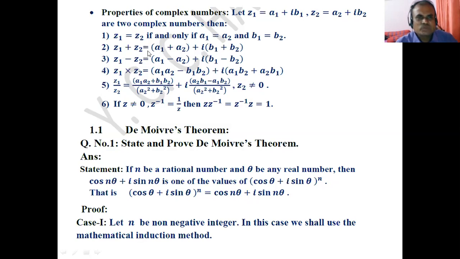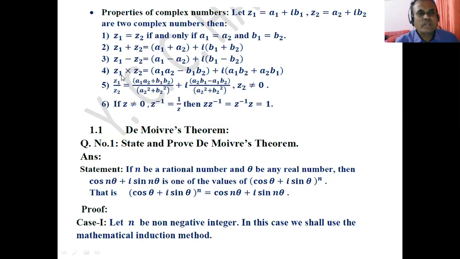So this is the second property of complex numbers. Now the third property, z1 minus z2. Now we subtract the real parts of both complex numbers and the imaginary parts of both complex numbers. So z1 minus z2 is equal to a1 minus a2 plus i into b1 minus b2. So this is the third property of complex numbers.